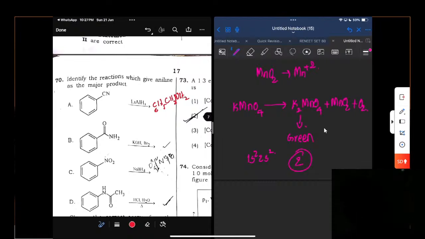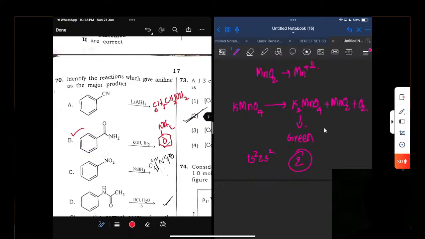Lithium aluminium hydride is a strong reducing agent. I get C6H5CH2NH2; reduction of the CN group takes place. Then if I treat C6H5CONH2, the amide, with Br2 in the presence of KOH, what do we get here? We get C6H5NH2, which was the answer asked. So in this one, we get aniline as the major product.